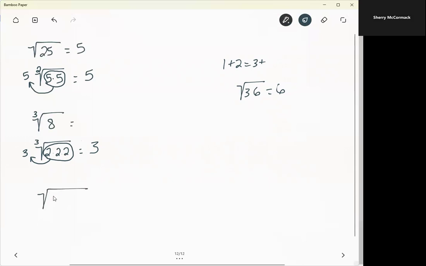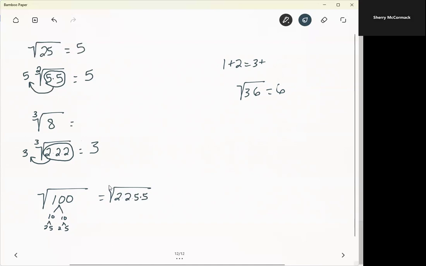All right, say we want to do the square root of 100. Okay, some of you may be able to do this in your head, some of you may not. Well, 100 is 10 times 10, and 10 is 2 times 5. 2 times 5. So those are all the factors. So it's 2 times 2 times 5 times 5.